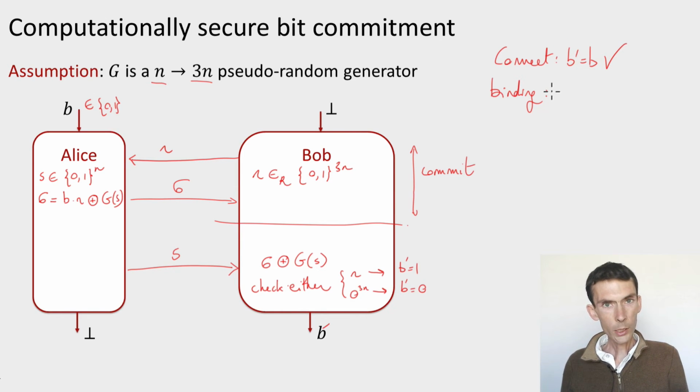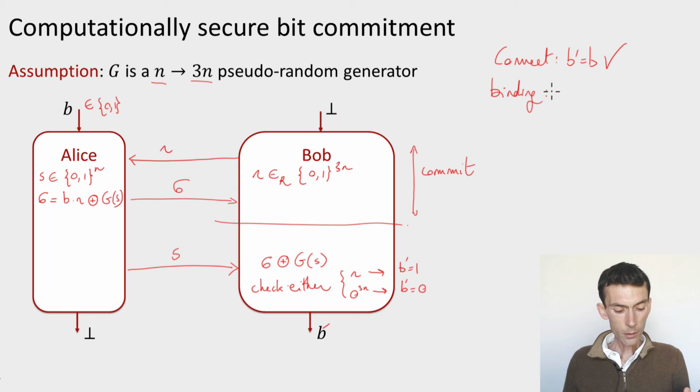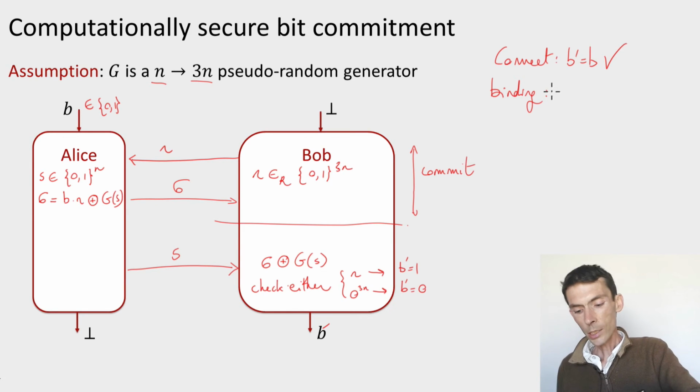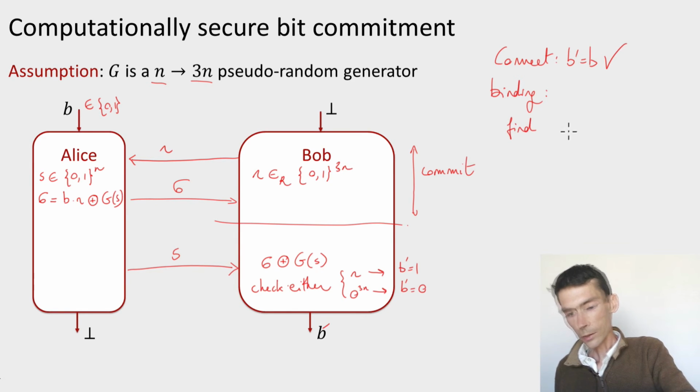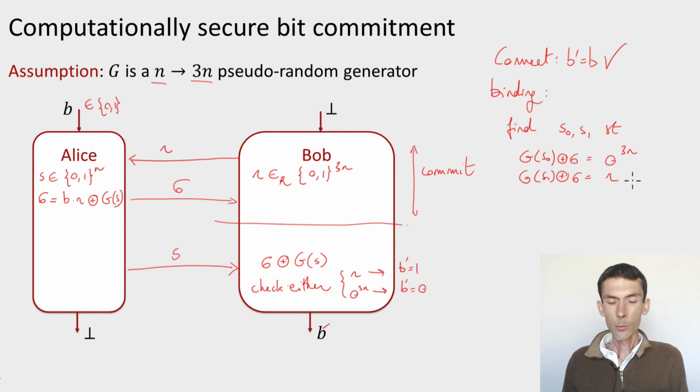Well, once she's committed to a certain sigma, then if she wants to be able to open both b prime equals 0 and b prime equals 1, she needs to find two different strings, s0 and s1, such that g of s0 plus sigma would be equal to 0, and also g of s1 plus sigma would be equal to r. But now r has been chosen uniformly at random, and g maps n-bit strings to 3n-bit strings.